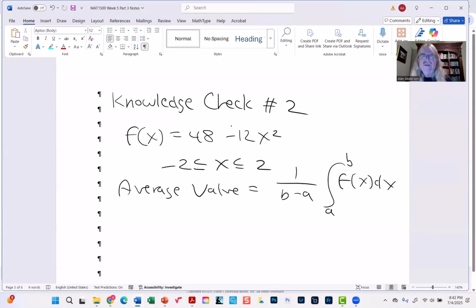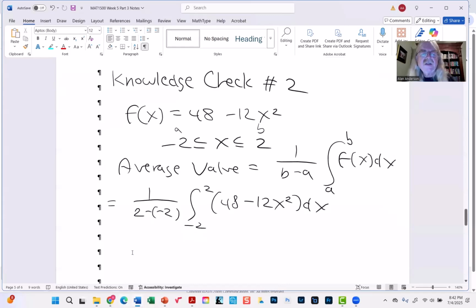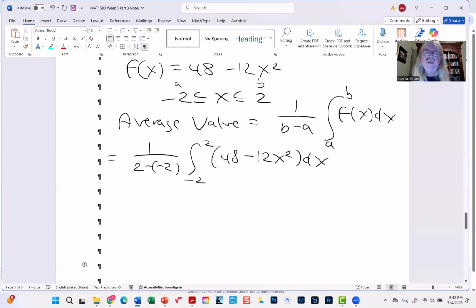All right, so they've given us a and b right here. So we're going to have 1 over 2 minus -2 times the integral from -2 to 2 of 48 minus 12x squared dx.